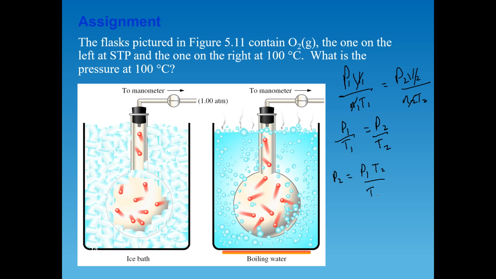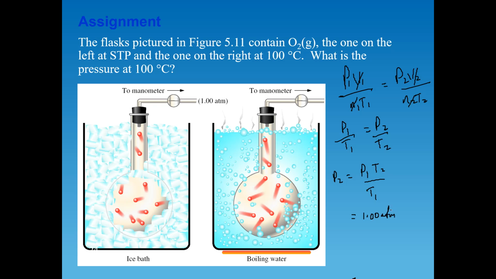And all we have to do from here is plug the numbers in. So in the case of P1, that would be 1.00 atmospheres because that's standard pressure.